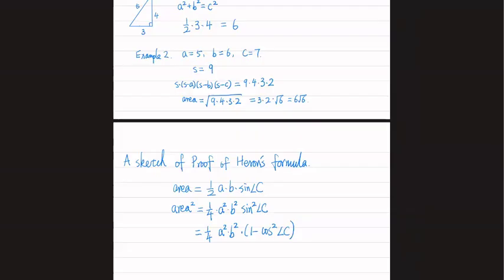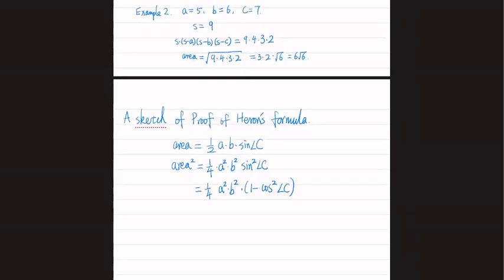So first step, area formula. Second step, Pythagorean formula. The next step is the law of cosines, then square.